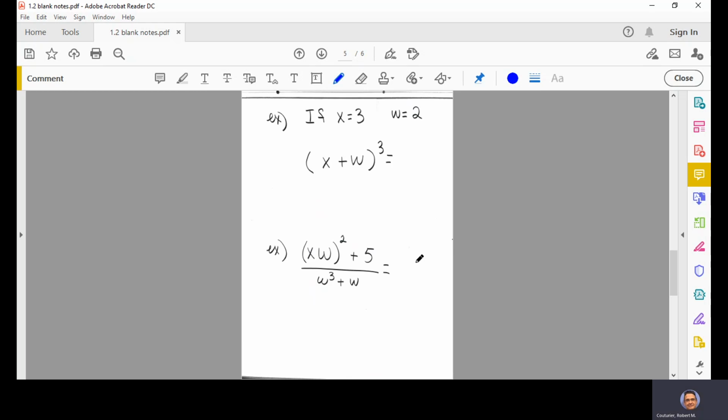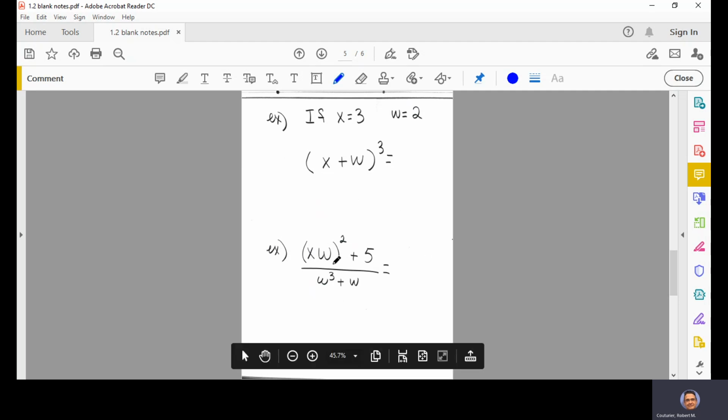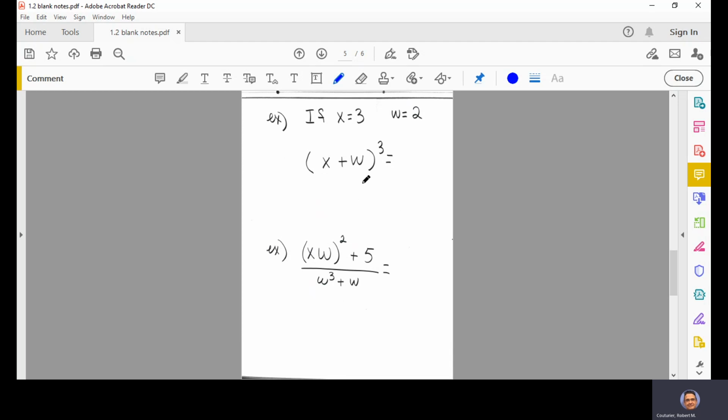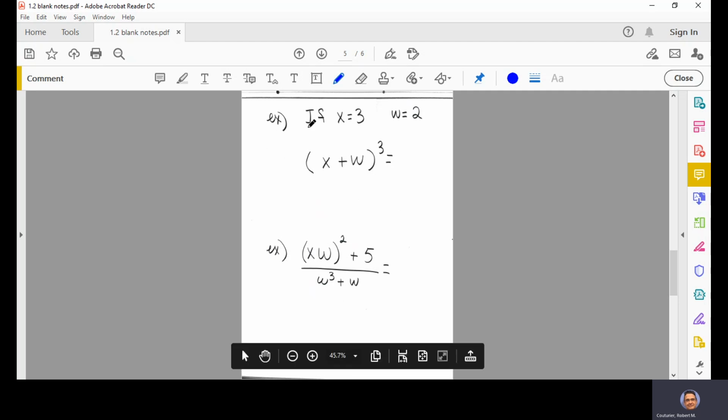Now here's 2 more. Only this time, notice what's different with our expressions. This time, in these 2 expressions here, we have variables stuck in them. Now these variables, it's quite interesting how these variables work, because as you look at these, at the very top of these sets of examples, it gives you if x equals 3 and w equals 2.